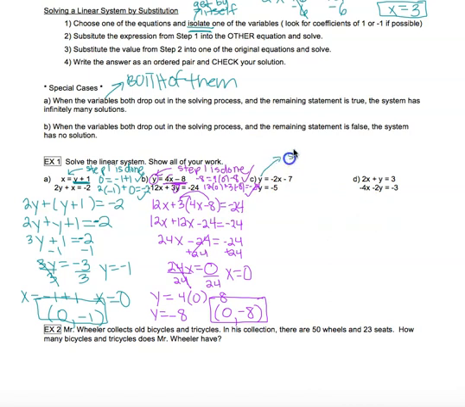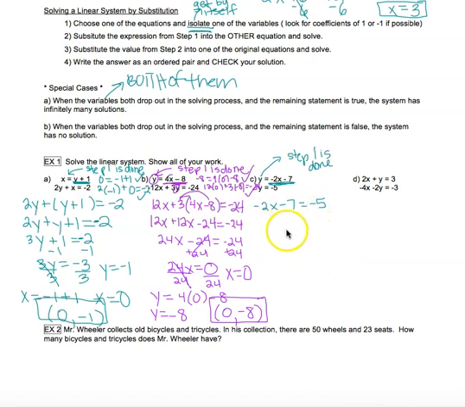So again, step 1 is done. So that means now in the other equation, I'm going to put negative 2x minus 7 in place of the y. So here's the y. I'm going to put negative 2x minus 7 in its place.